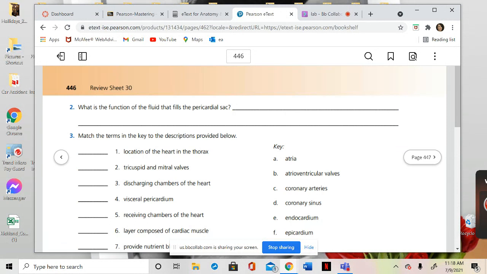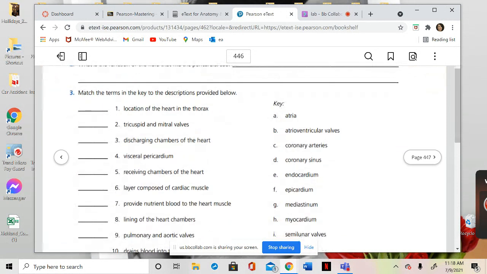The next, match the term key for the descriptions below. Look at location of the heart in the thorax. That's the mediastinum. It's F, right?